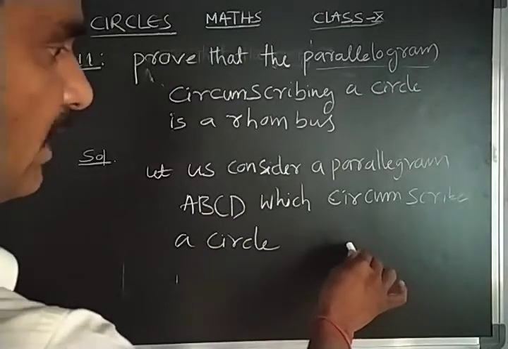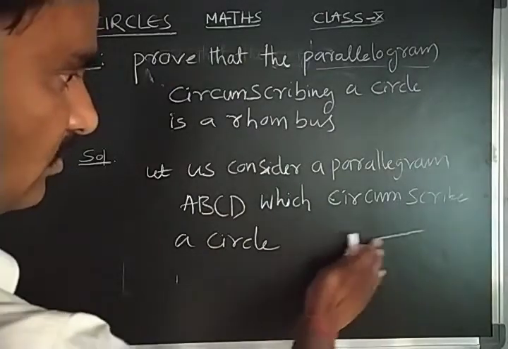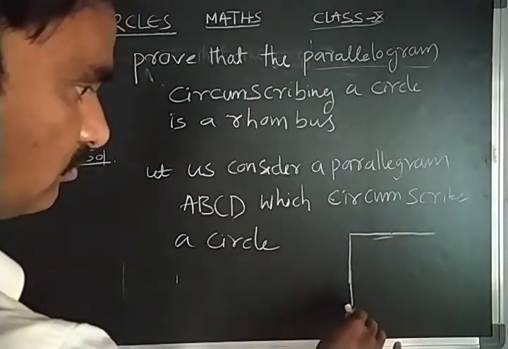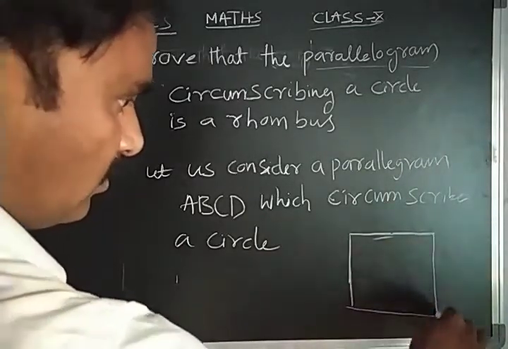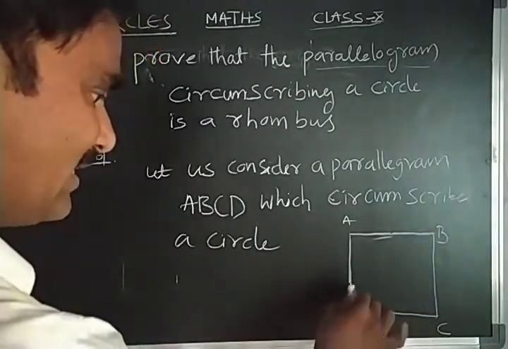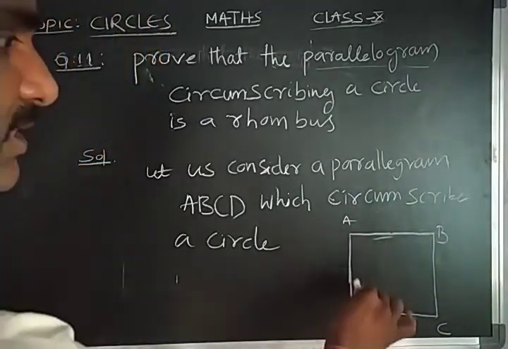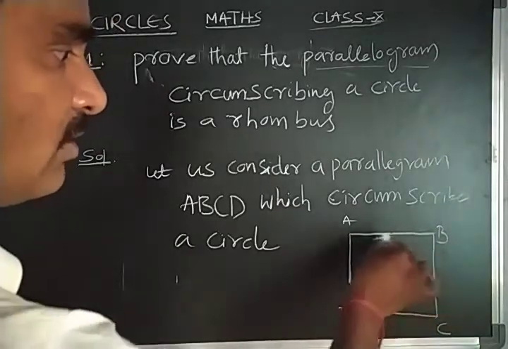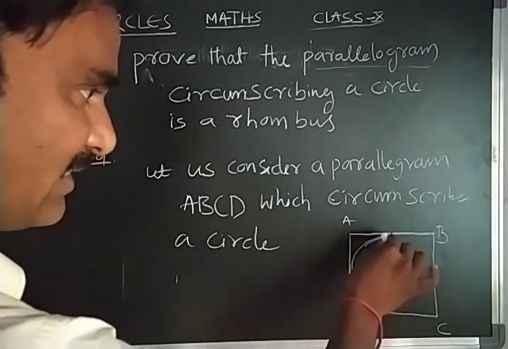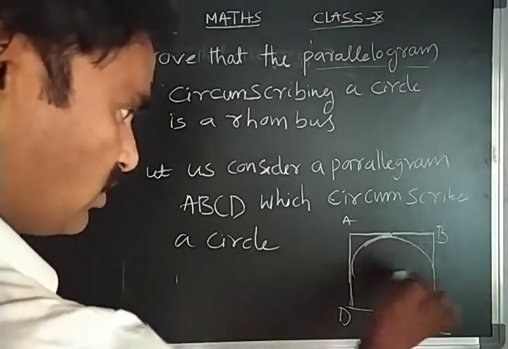So I am taking one parallelogram ABCD which is circumscribing a circle. That means inside the parallelogram we have one circle which touches the four sides of the parallelogram. So I am taking one circle inside the parallelogram which touches the four sides of the parallelogram.